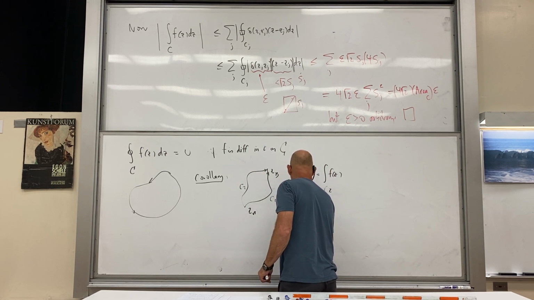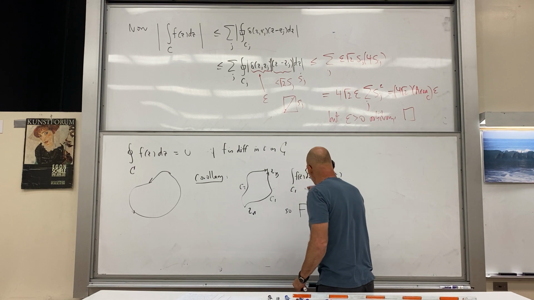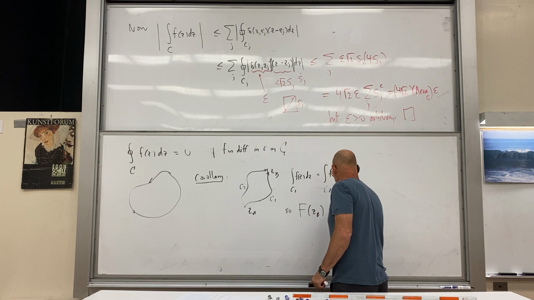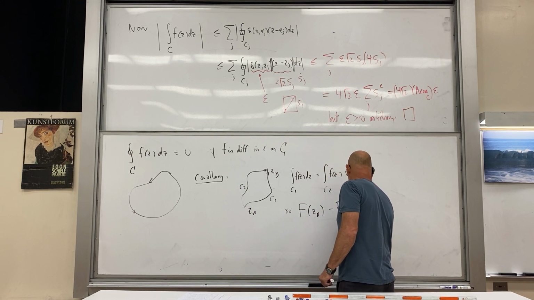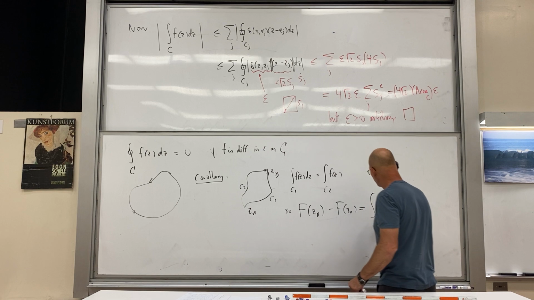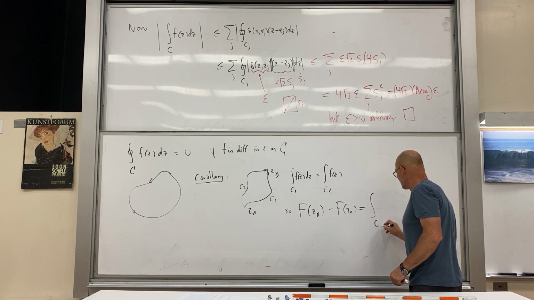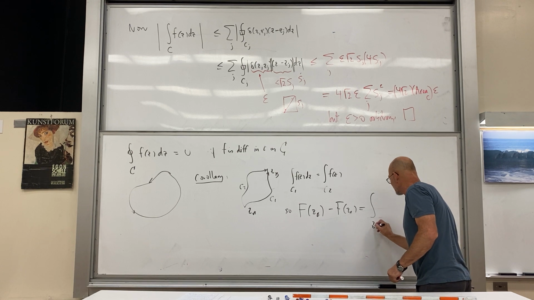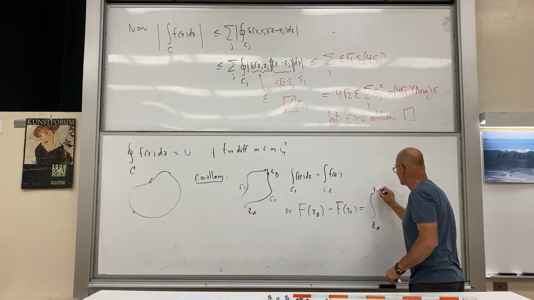And therefore, we have a well-defined function. So f of z sub b minus f of z sub a would be the integral along any old contour from z sub a to z sub b.